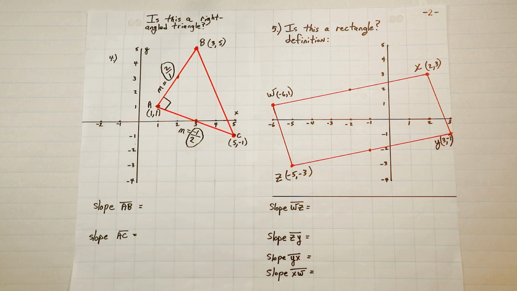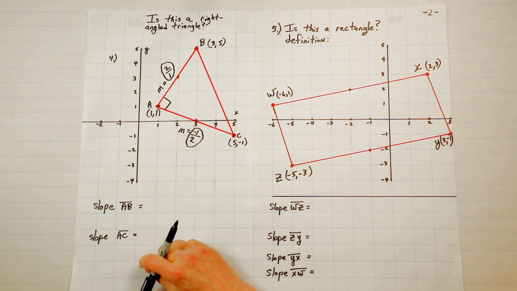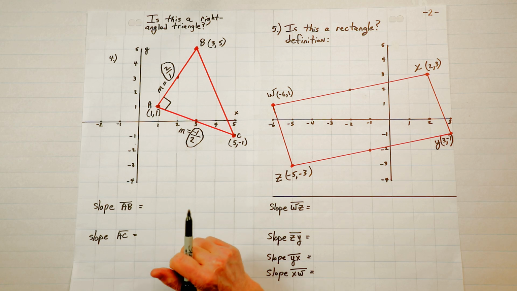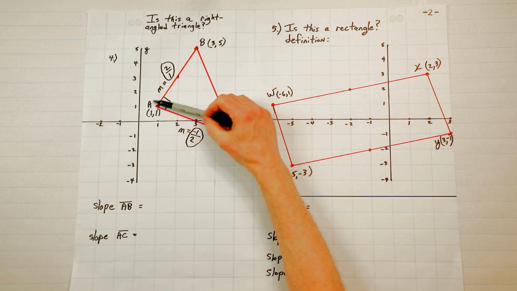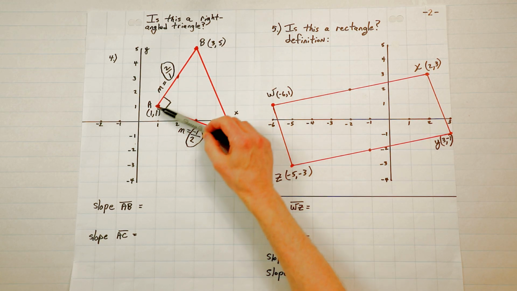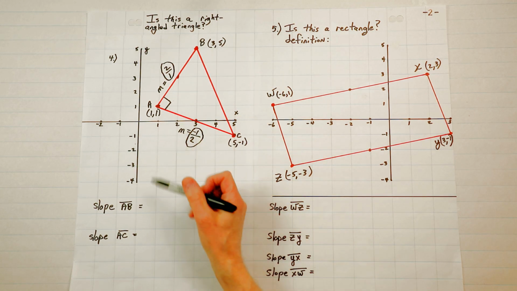All right, so let's do the calculations, just so that you'll see what it's like doing these calculations. Okay, so this is going to be my x2, y2. I'm going to do this side first, AB. Now this one doesn't have any negatives in it, so it's going to be pretty easy.